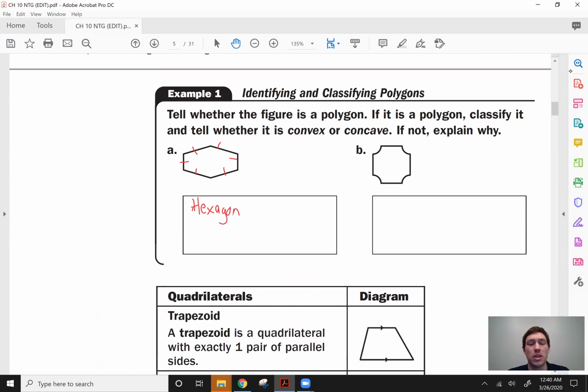And because I can't draw outside the shape to get to all the vertices, I have to stay within the polygon. So this is going to be considered a convex polygon.